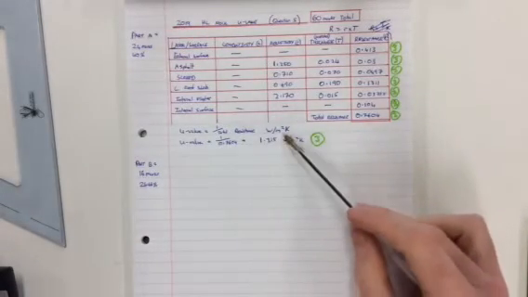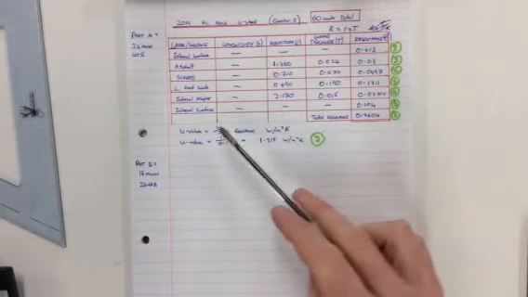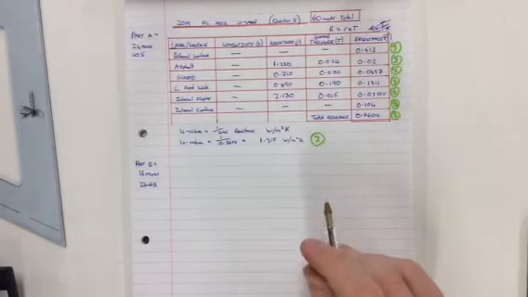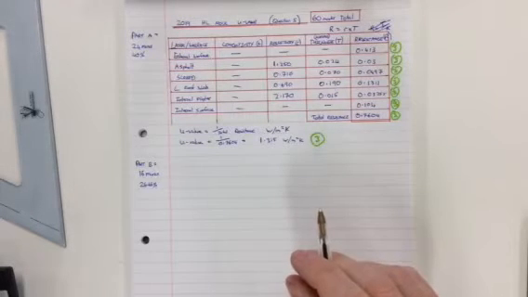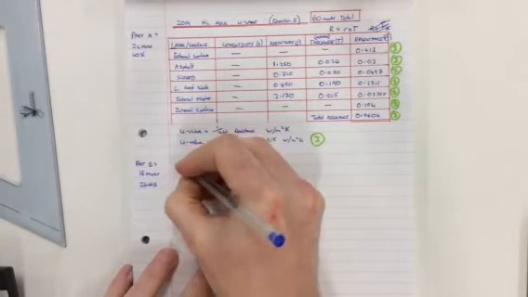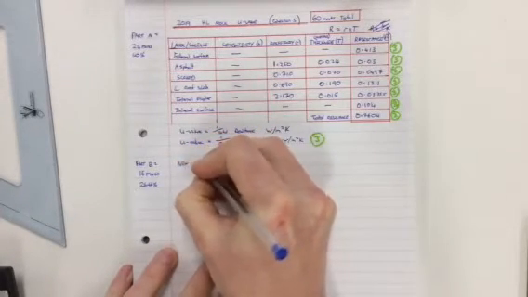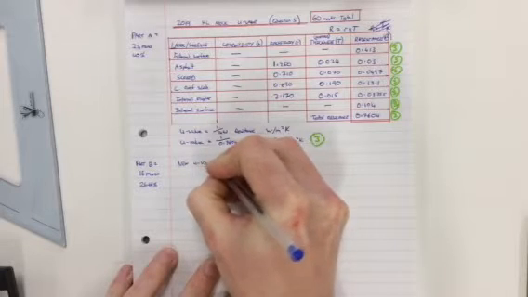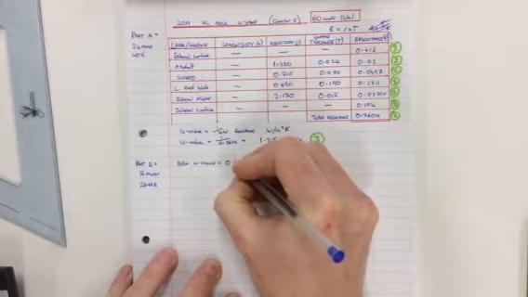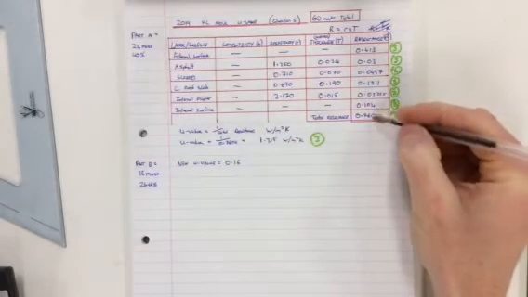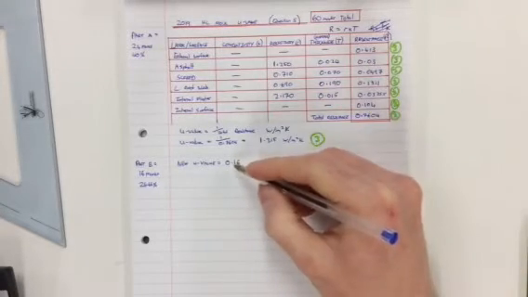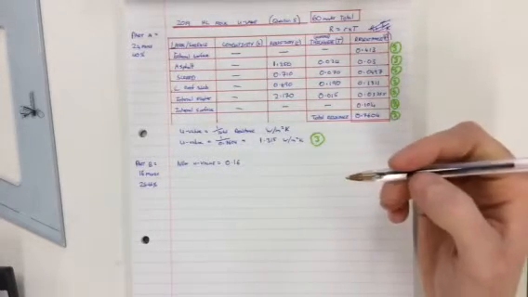Okay, so when we had our U value here, we divided 1 by total resistance to get the U value. Okay, so in this part, we're given our new U value. In this case they want it to be 0.16. So we need to find the total resistance that this has to add up to, to get to that value.